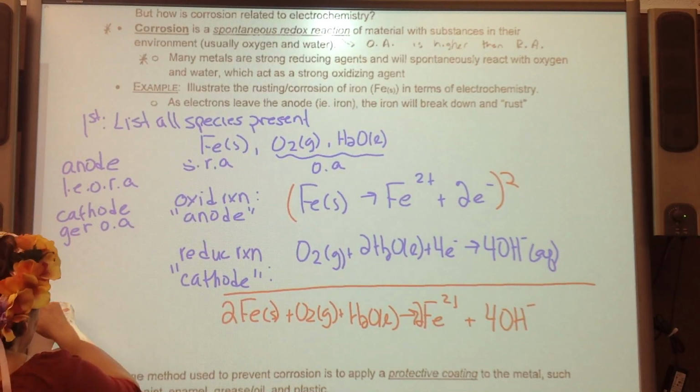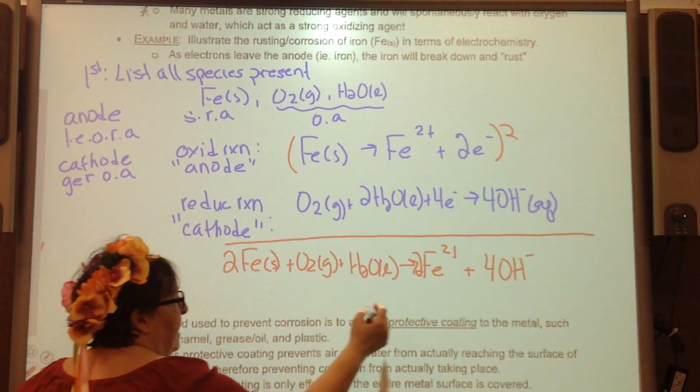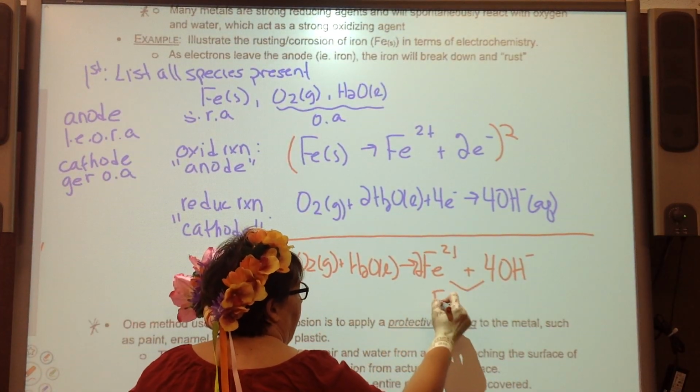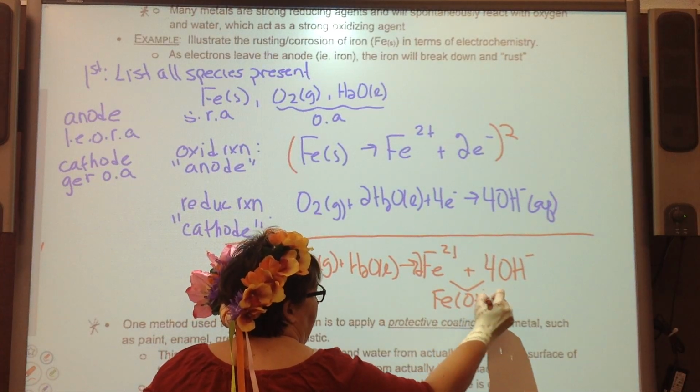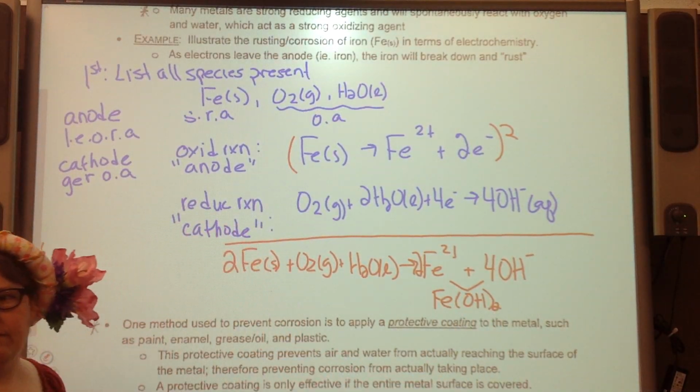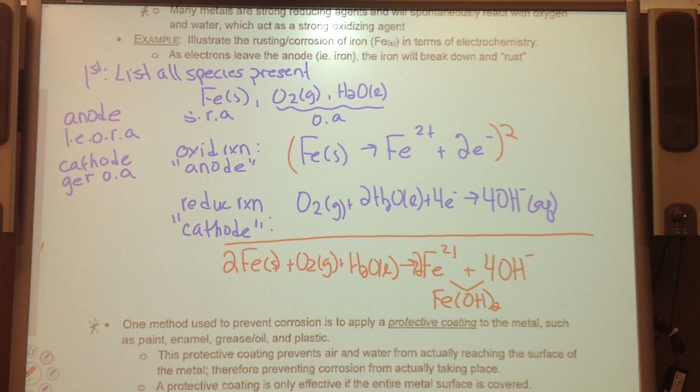So what do we get here? We end up with iron oxide, or iron hydroxide.